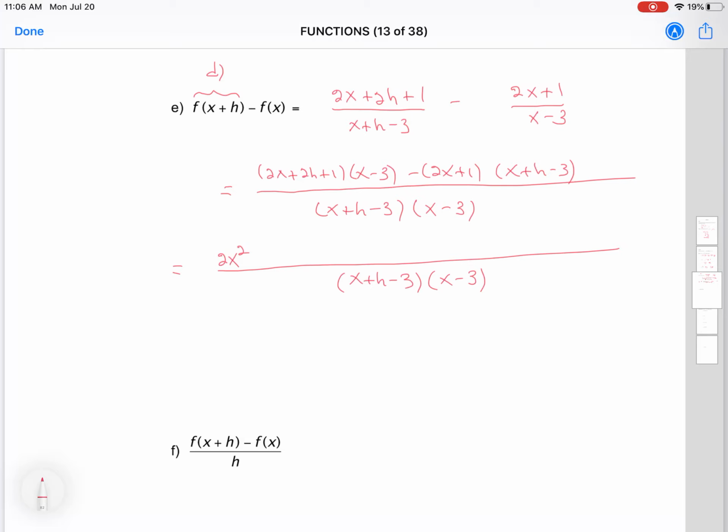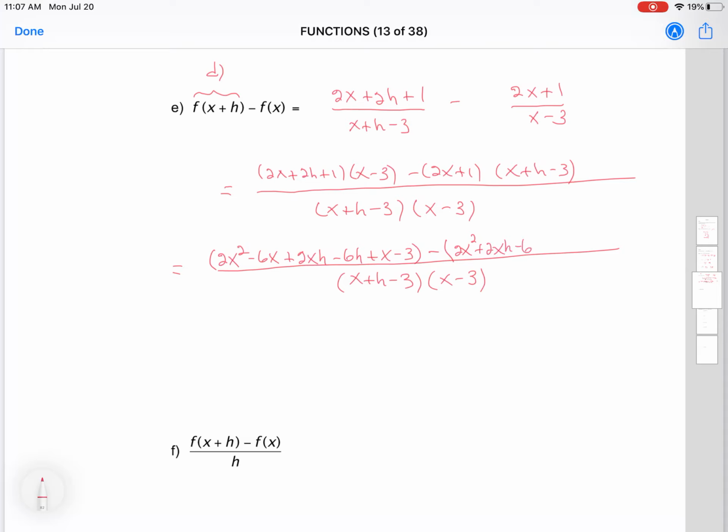Okay, now we're going to have to open these brackets. So, foiling out, 2x squared minus 6x plus 2xh minus 6h plus x minus 3.